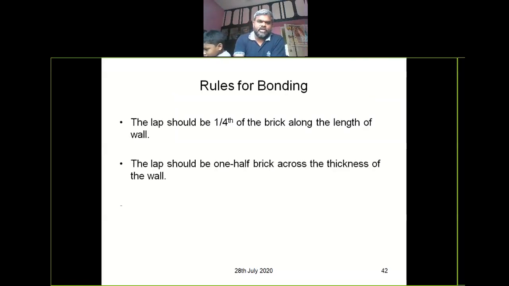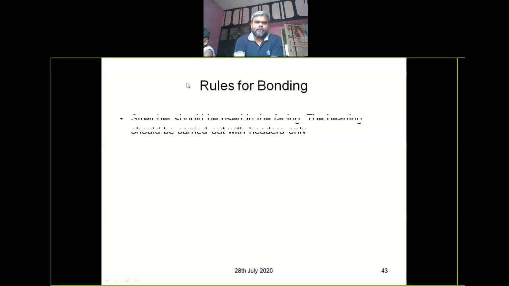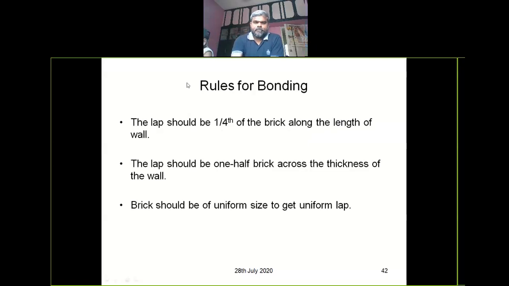Rules for bonding. The lap should be one-fourth of the brick along the length of the wall. The lap should be one half of the brick across the thickness.